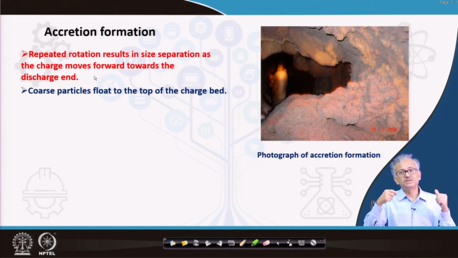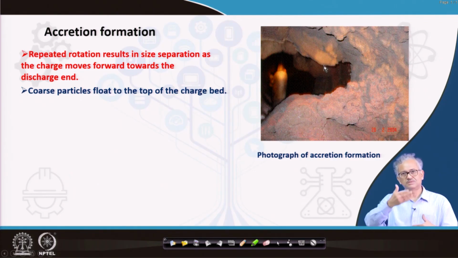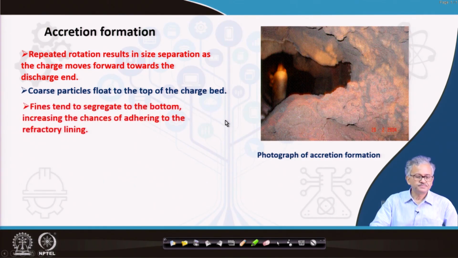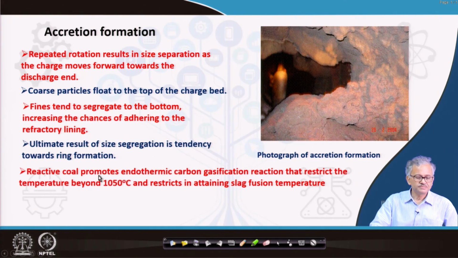When the ash of the iron ore, the fine iron ores, achieves the ash fusion temperature, they basically melt and form agglomerate on the surface of the wall, and then they grow over time. Finally, this type of accretion can form. You can see almost all the cross section of the kiln is blocked by the accretion.